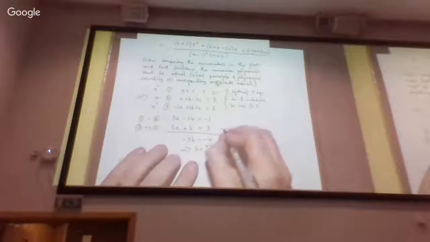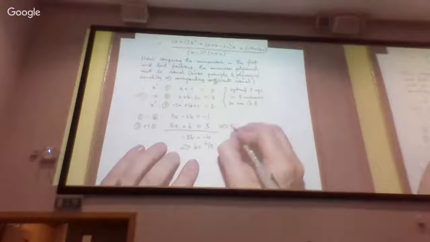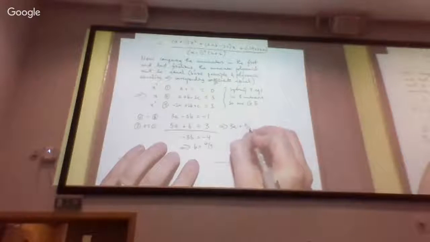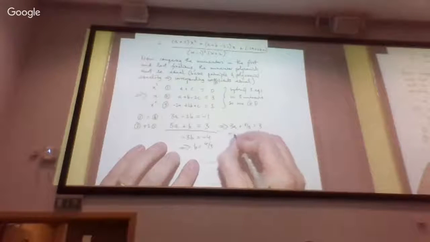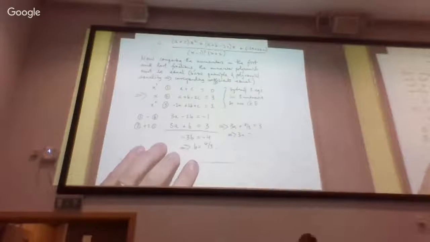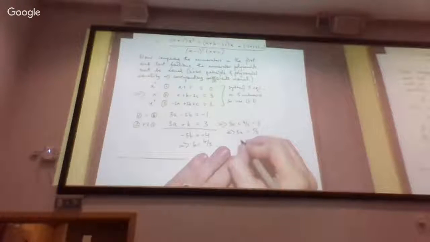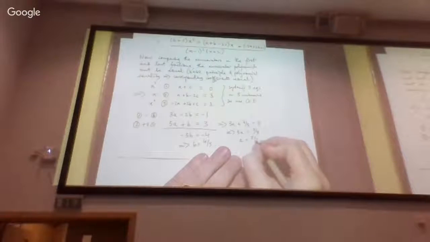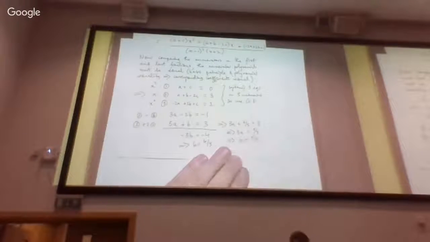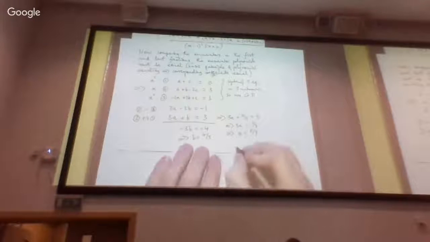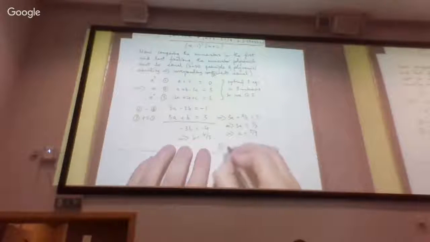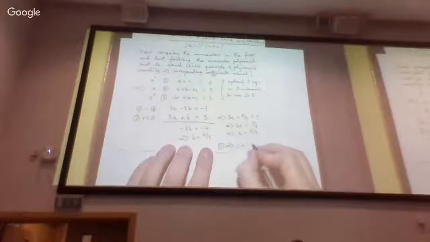And if b is 4/3, then this one implies that 3a plus 4/3 is 3. So 3a is 9 minus 4, 5/3. So a is 5/9. And then, if you look at equation 1, that would imply that c is minus 5/9.